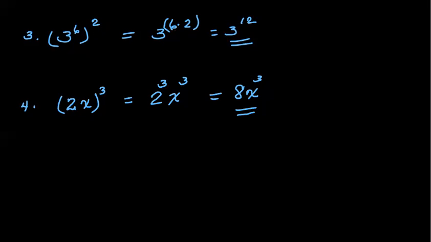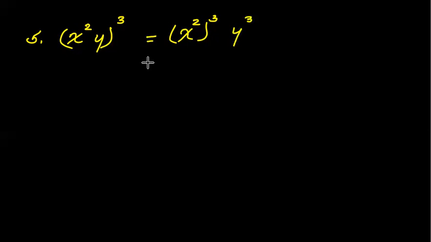All right, so let's look at number 5. Number 5 says x squared y, quantity to the 3rd power. Quantity simply means everything inside the bracket. Everything inside the bracket is going to be raised to the 3rd power. So we have x squared raised to the 3rd power, then we have y raised to the 3rd power.